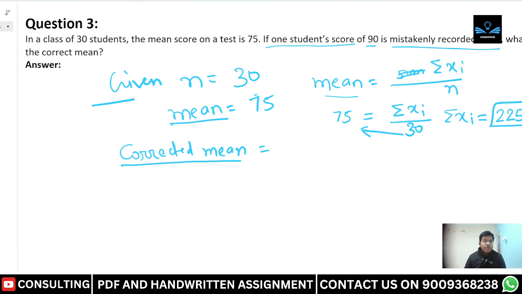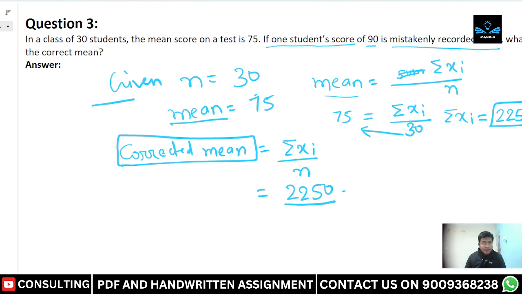Now we will find the corrected mean. Corrected mean will be sigma x upon n. The summation of x is 2250, but we know this summation of x is not correct, because 90 was the correct number but we have written 60, so we will add 90 and subtract 60.